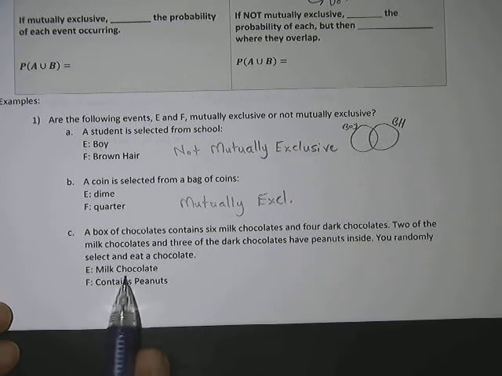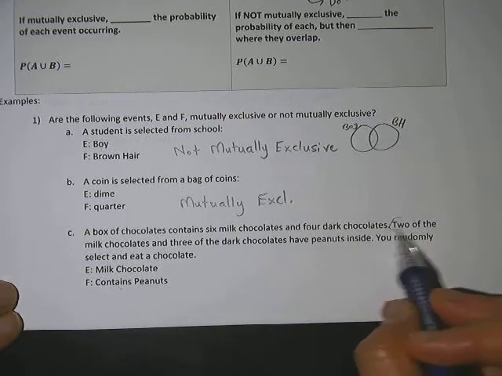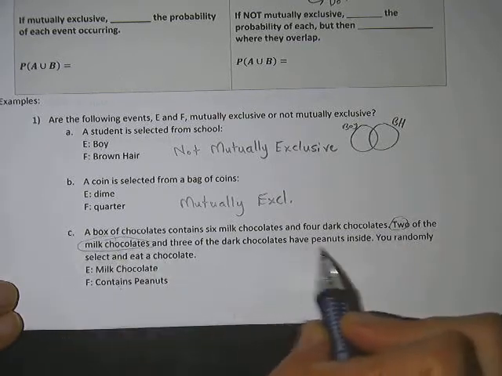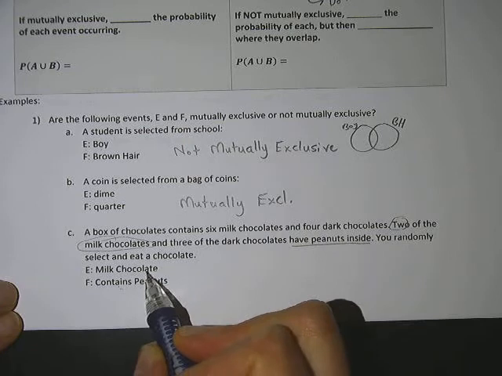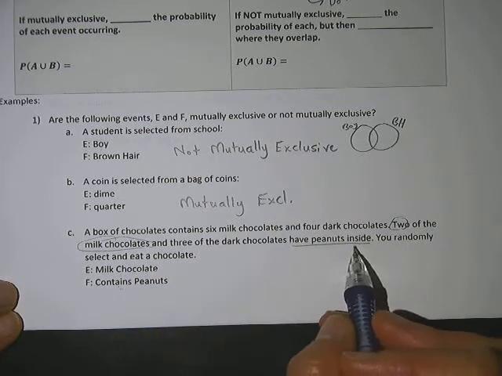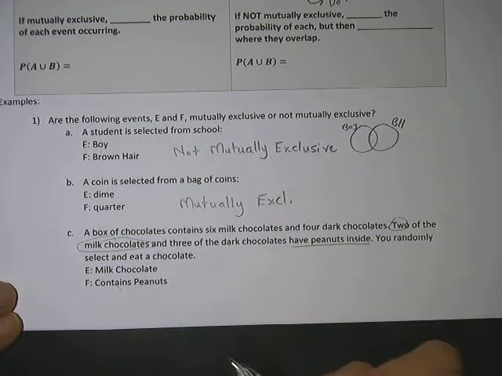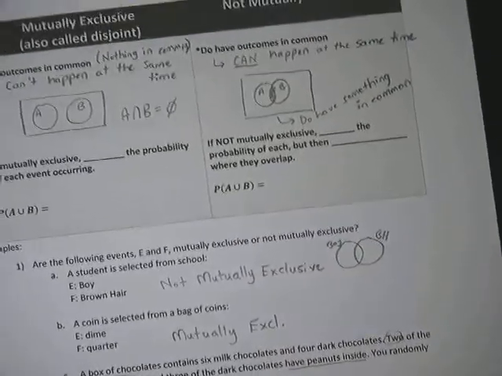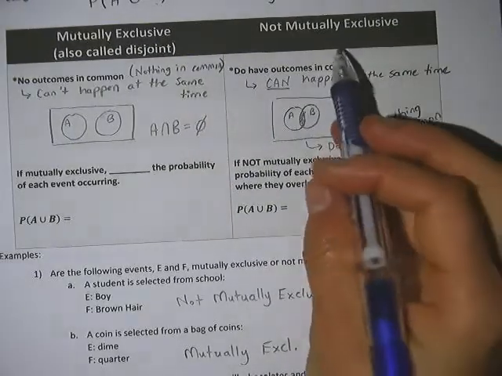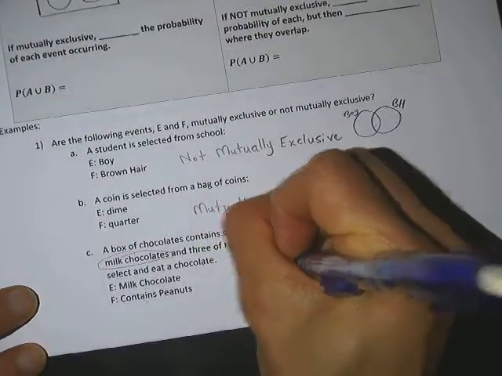So can these 2 things happen at the same time or not? Are there milk chocolates in that bag or whatever they're in that have peanuts in them? And if you look, it says right here, 2 of the milk chocolates have peanuts. So because some of those have peanuts in them, these can happen at the same time. So think about which one that is. If they can happen at the same time, that means that they're not mutually exclusive.